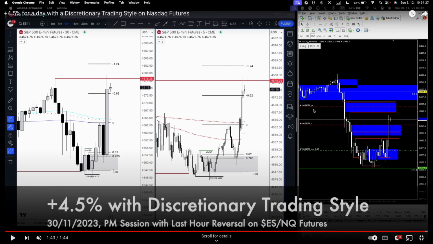Okay, as you can see, this is the moment I was waiting for. We just took out the previous high from the New York AM session. At the same time, the Nasdaq was unable to get from this point, even though I was thinking they were really going to sweep this recent swing high and fill this gap.